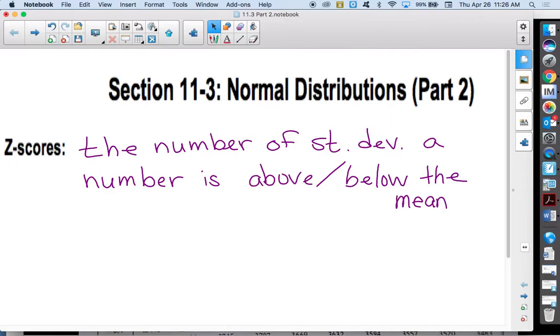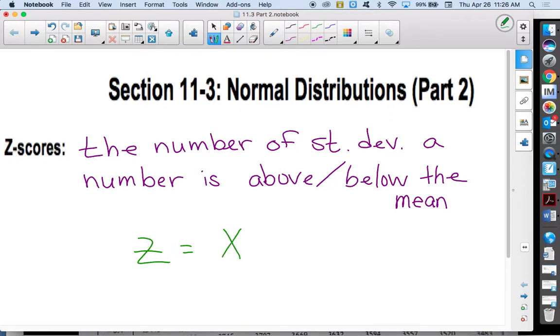To find or calculate a z-score, it's a tiny little formula that involves 3 letters besides the z for z-score. To calculate a z-score, you're going to take x, which is the value they're going to give you, minus the mean, and you're going to divide that by the standard deviation based off of your data.